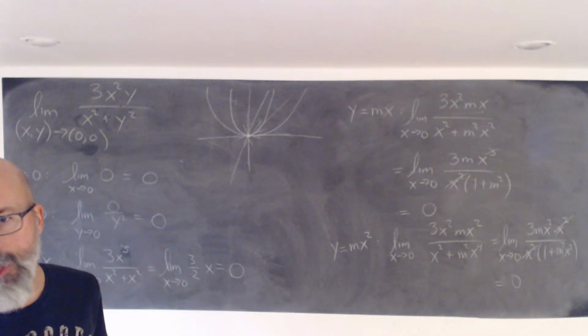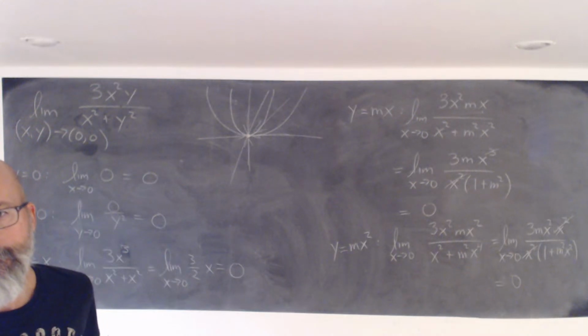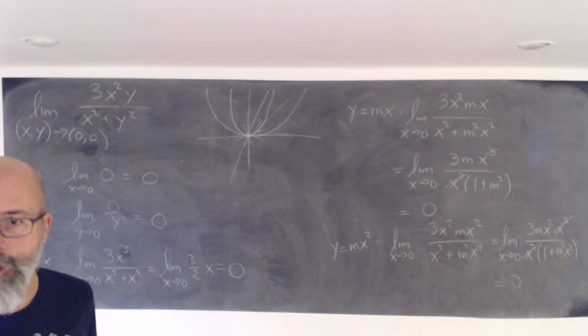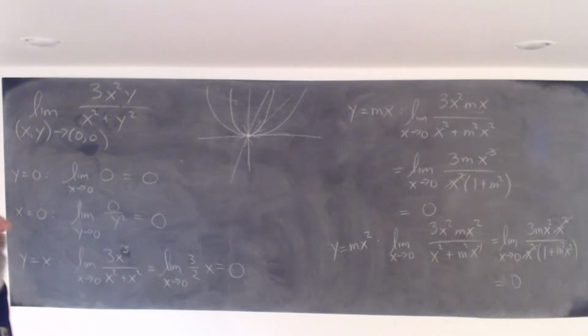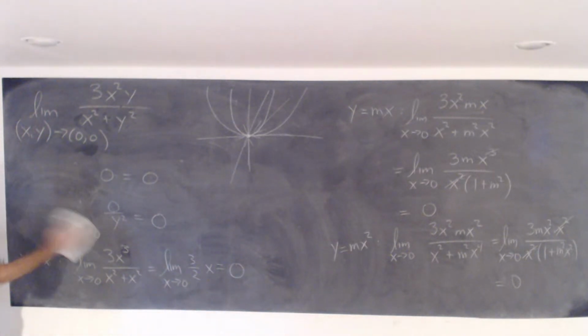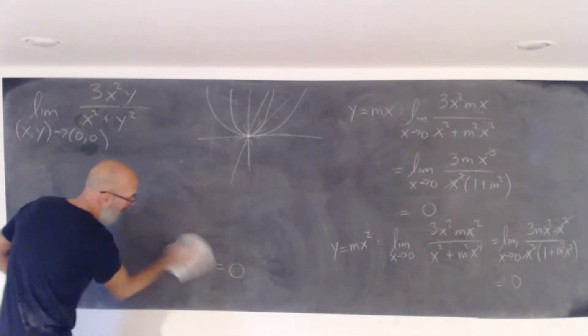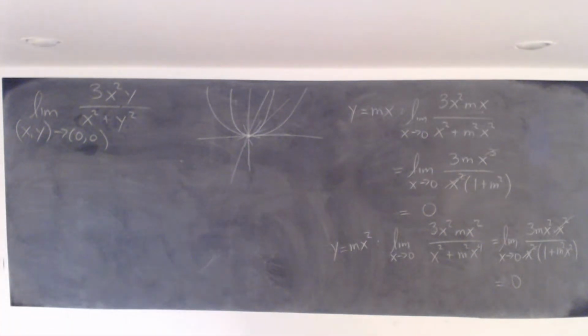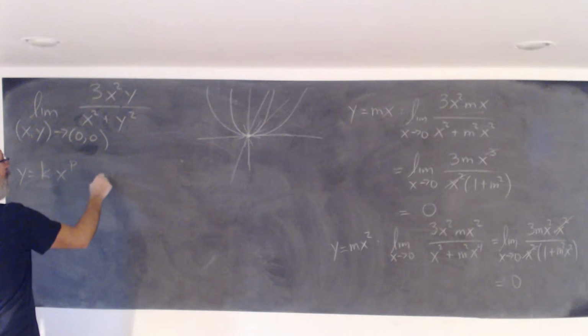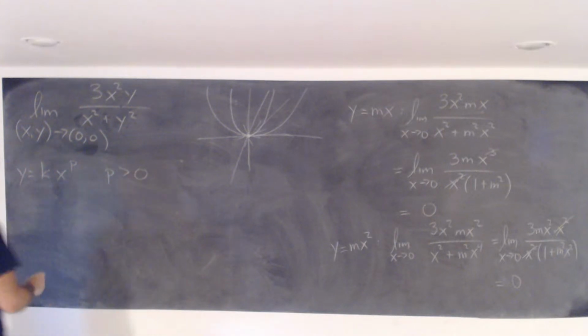Here, of course, you need p to be bigger than 0, otherwise it's not going to go through the origin. It's a nice observation. So Shen was suggesting y equals kx to the p for p bigger than 0.